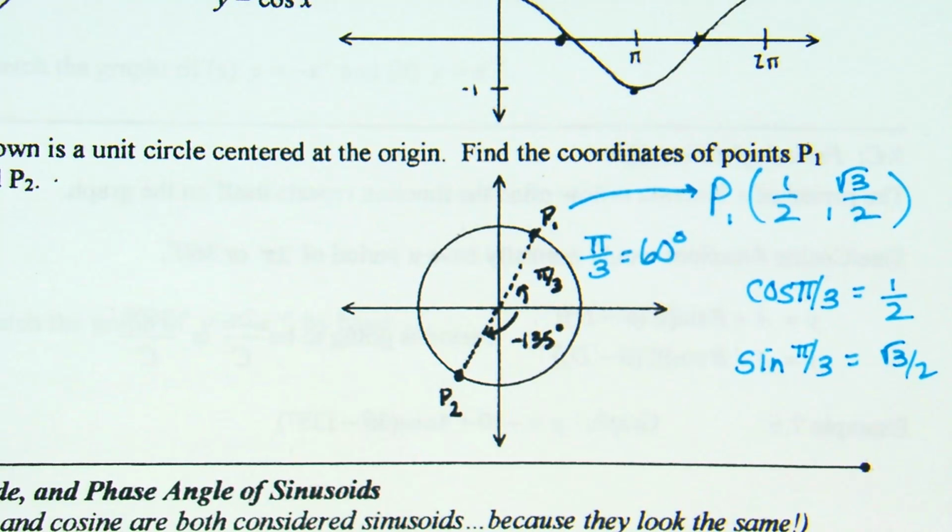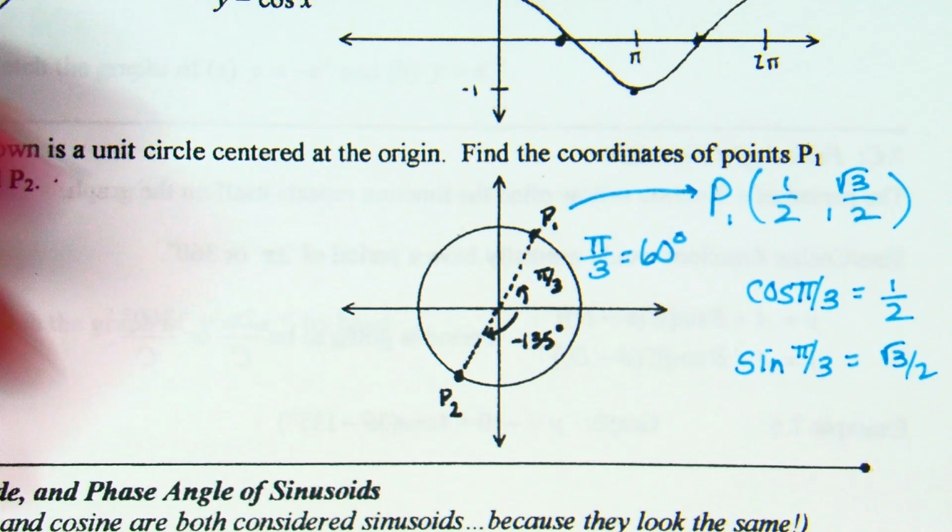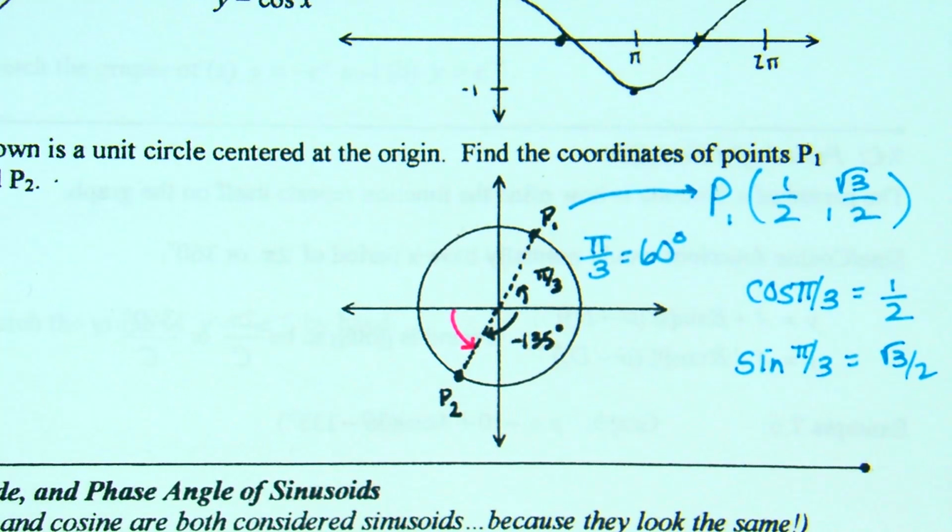Okay. Now, P2. What they tell you is it is an angle of -135 degrees. We need to talk reference angle here. What is the reference angle for P2? 45? Because the difference between 135 and 180 is 45, right? So this right here is 45 degrees.